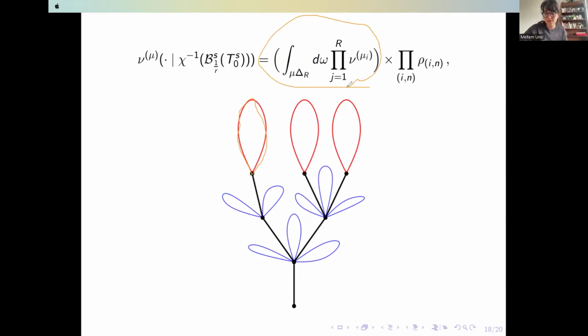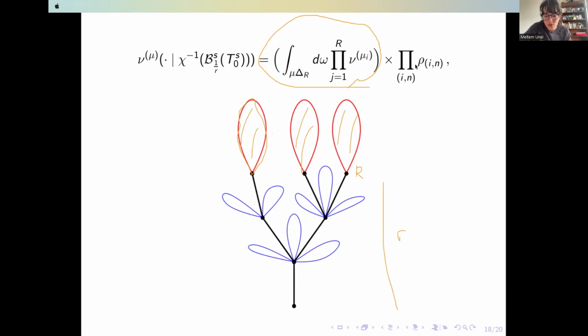So I have R vertices at distance R. Here, little r is 3 in this picture, and I have 3. This is also 3, just a coincidence. And I graft infinite branches here, and they have a joint law that is dictated by this measure here.